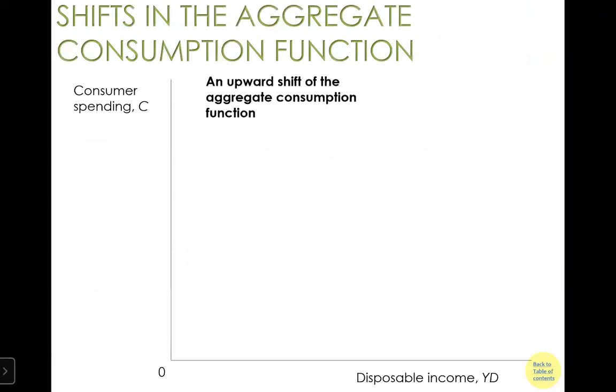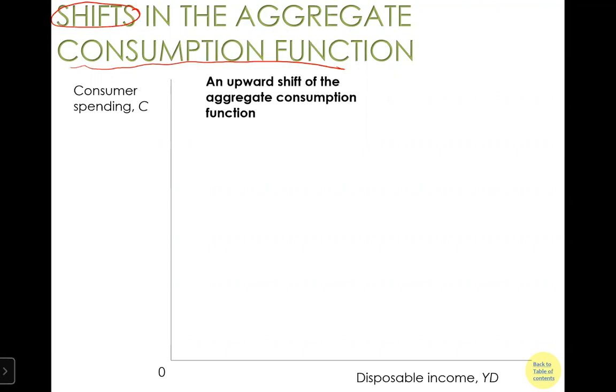All right, now we are ready to look at what can cause the aggregate consumption function to shift. Here I want to remind you of a comparison of two concepts we discussed in the micro review.